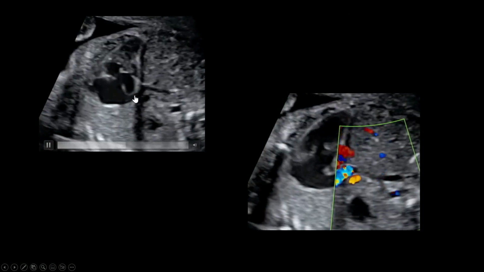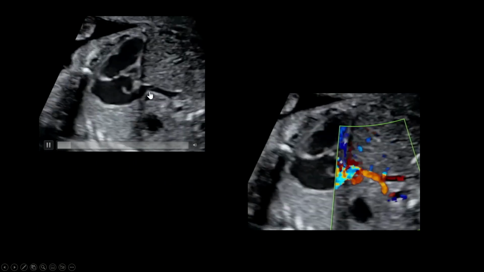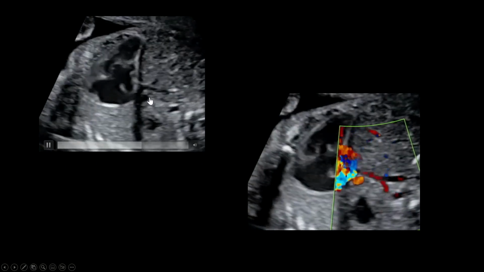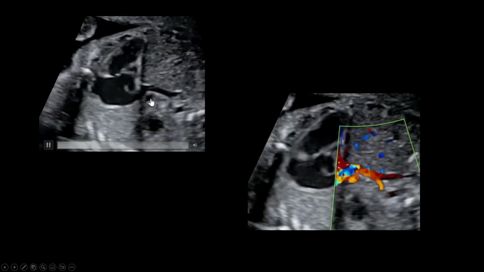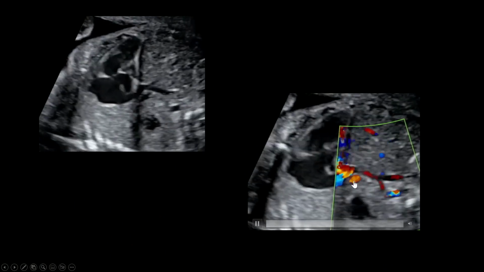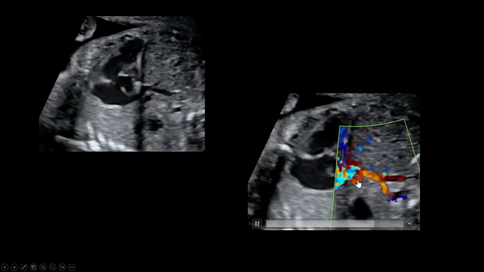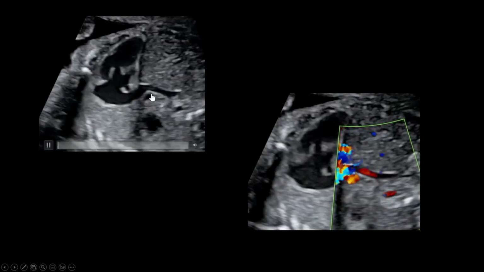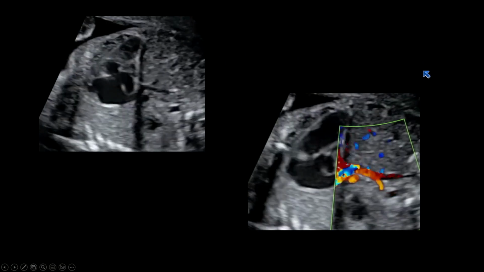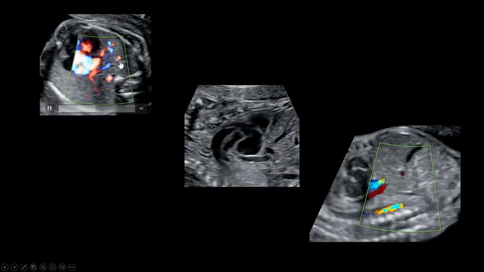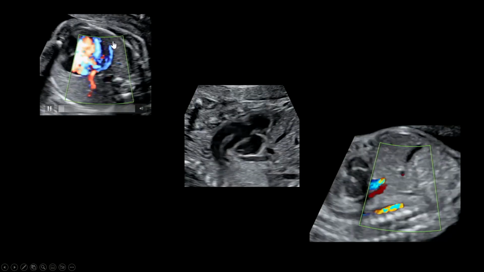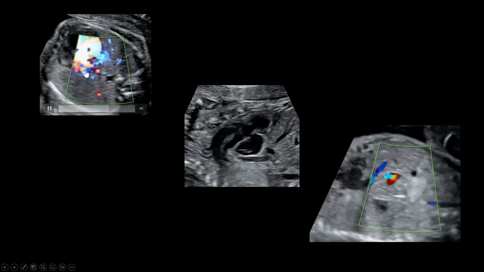There's an IVC draining here to the right atrium, but you probably see the structure behind, and this structure is actually the pulmonary venous drainage that goes down into the liver and is not connected. So don't get fooled if the pulmonary veins look like they will go to the heart.